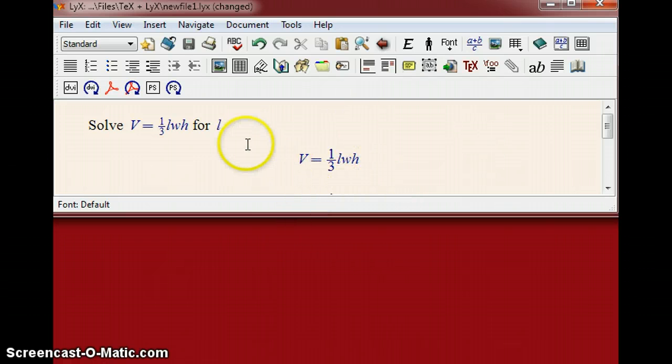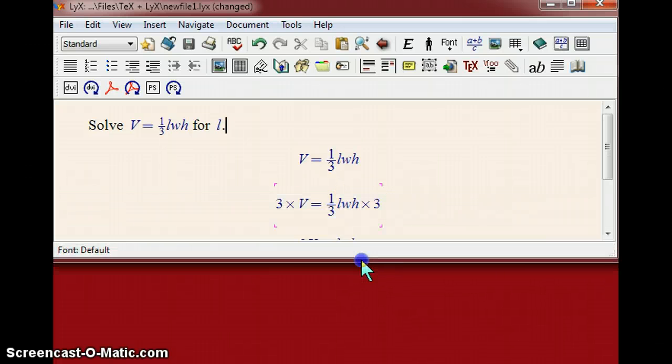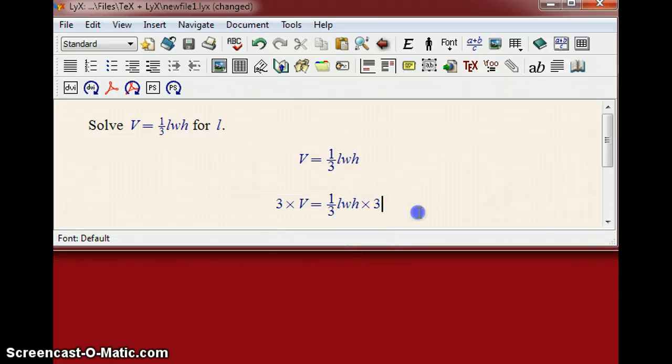So to start out with, I've got this 1/3, and I don't really like the 1/3 because it's a fraction. I know I need to get rid of it so that L will be without numbers over here on the right side of the equation. So I might start by multiplying both sides of the equation by 3, like so. If I multiply this left side of this equation, I have 3 times V, but of course I just write that as 3V.